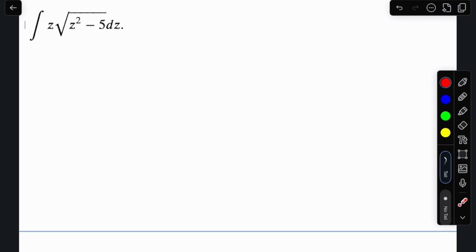So you've got the integral of z square root z squared minus 5 dz. So in this scenario, what I'm going to do firstly is I'm just going to rewrite it. So I'm going to say the integral z times z squared minus 5 to the power half dz. Okay.